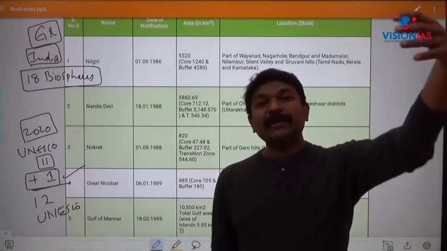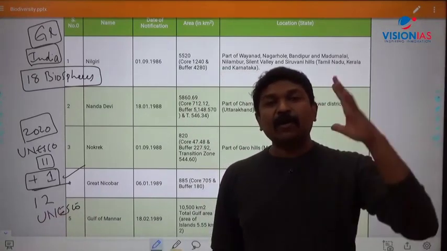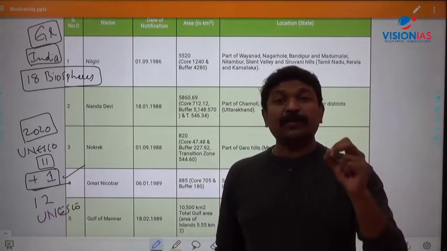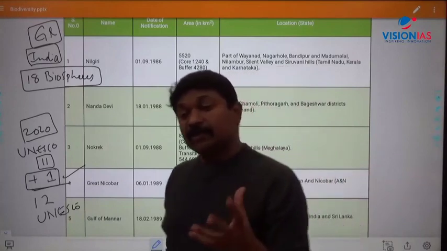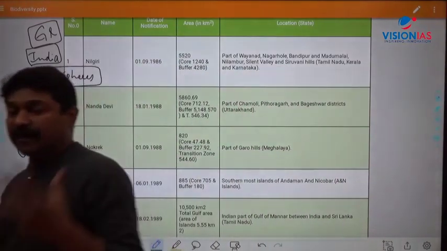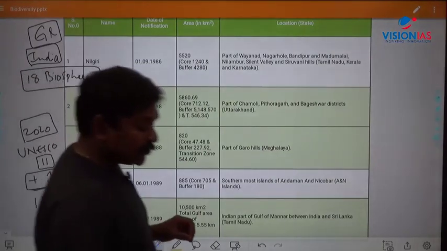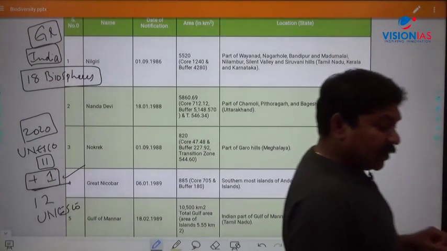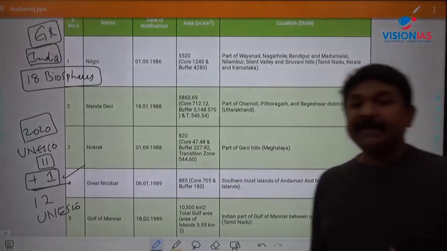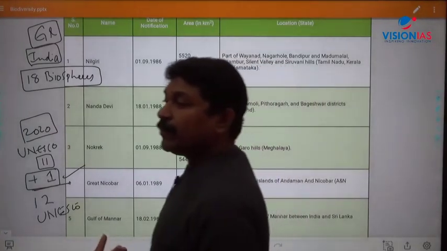Let me give it in an order. Write down first of all the 12 UNESCO biosphere reserves. Give the heading as 12 biosphere reserves of UNESCO. UNESCO has identified 12 biosphere reserves of India.